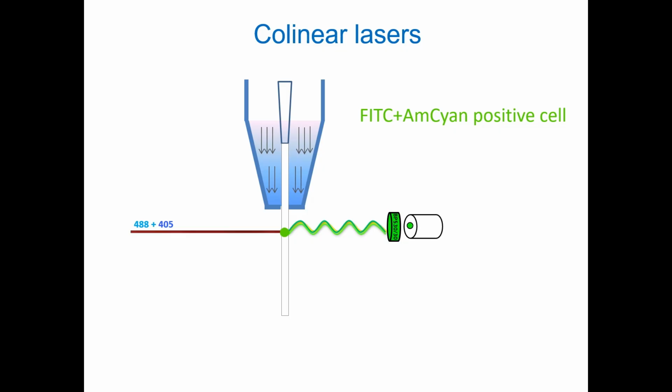The detector has a 530/30 bandpass and only sees photons of those wavelengths, but cannot tell which fluorochrome they originate from, so we don't know if the signal is from FITC or cyan. So the signals from fluorochromes that are excited by different lasers but emit at the same wavelengths cannot be separated and thus cannot be used together. This limits the number of fluorochromes that can be measured simultaneously on collinear laser conventional instruments.